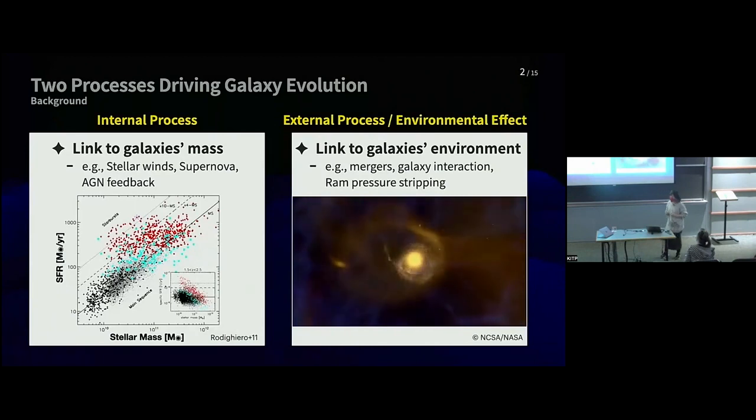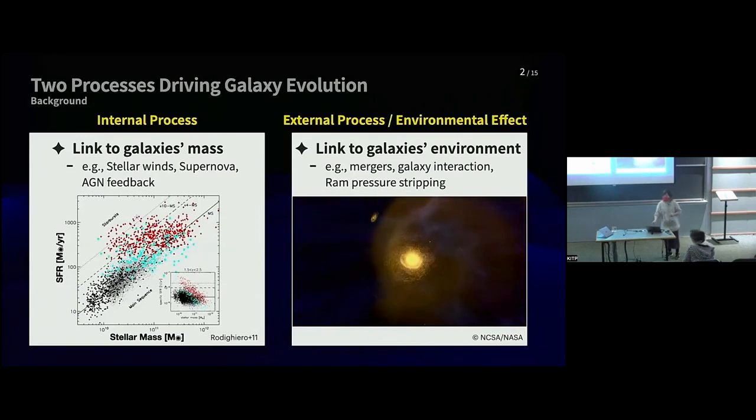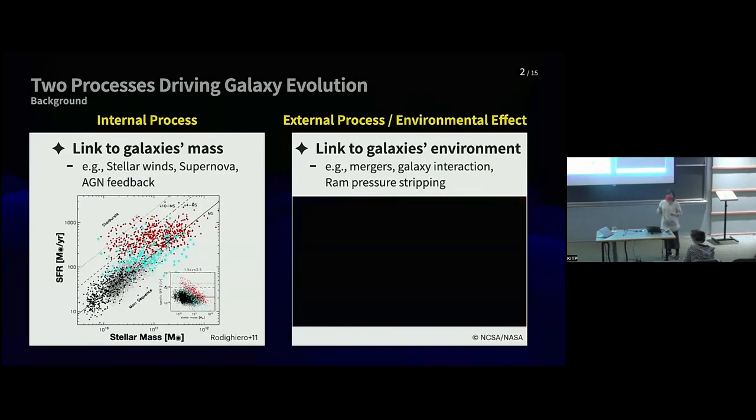One process is called the internal process. It includes any phenomena depending on or linked to the galaxy's mass, such as stellar feedback, supernovae, and AGN feedback. Those phenomena induce or suppress star formation by accumulating or expelling the interstellar medium.